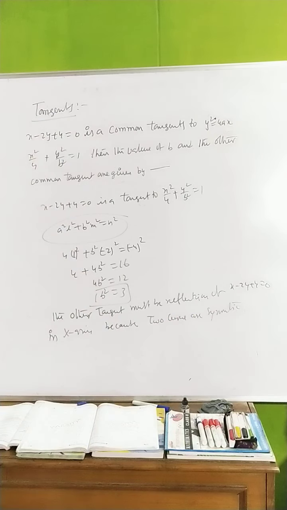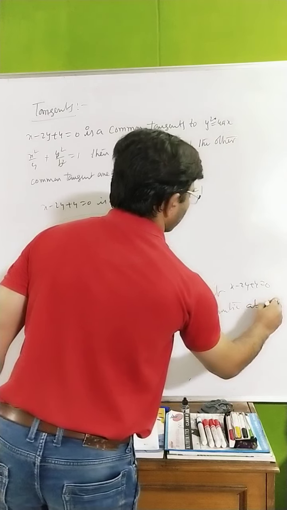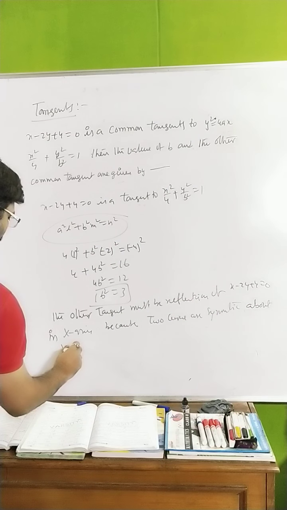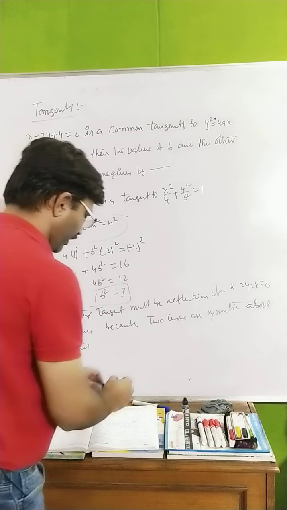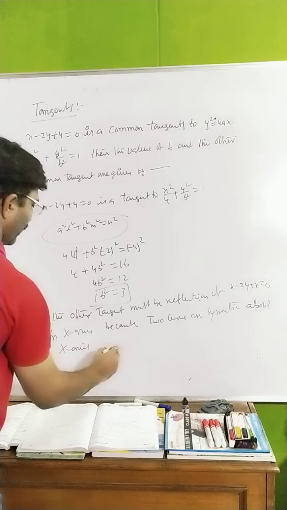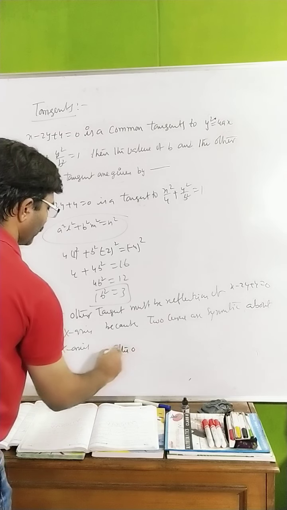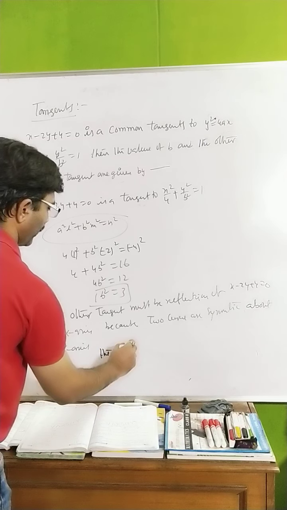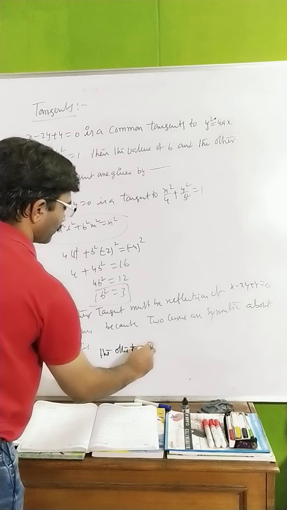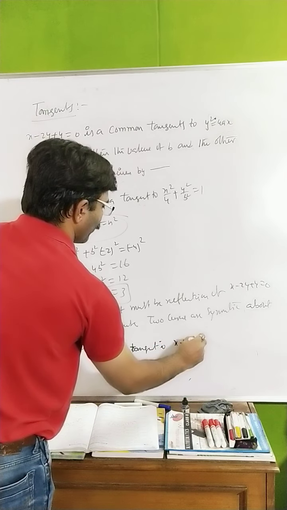Two curves are symmetric about the x axis. Therefore, reflection of that line, therefore the other tangent, is x plus 2y plus 4 equal to 0.